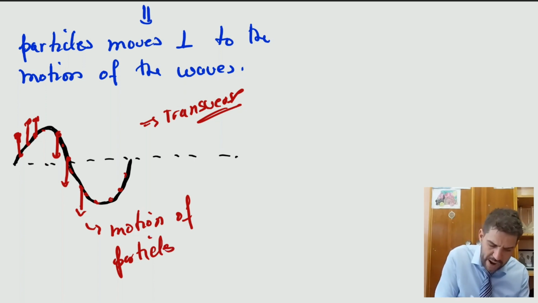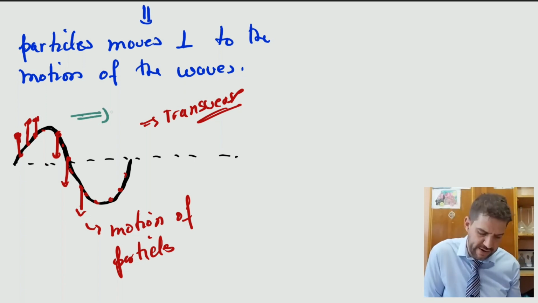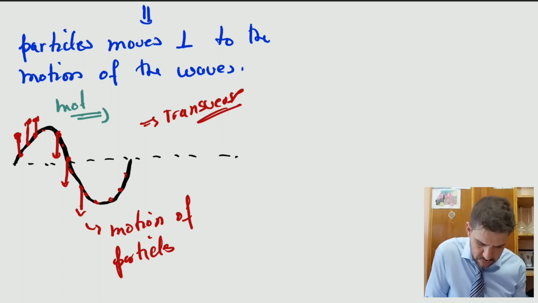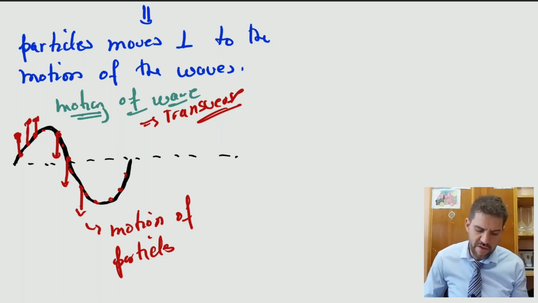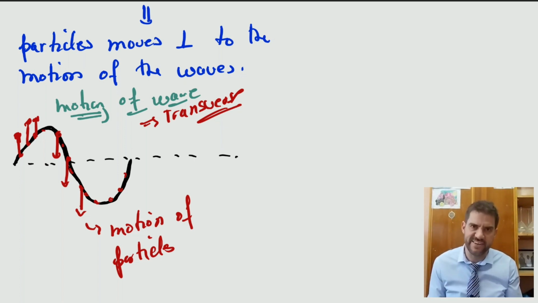But the wave is moving in another direction. For instance, we can say it is moving towards the right. So this is the motion of the wave. You can see that the wave is moving to the right, but the particles are moving up and down. This is what we call a transverse wave.